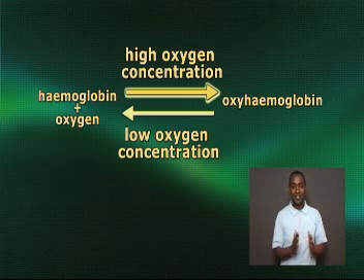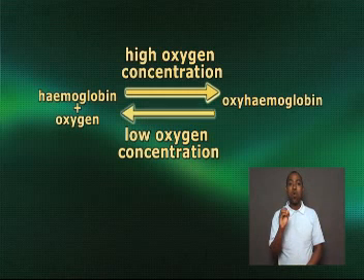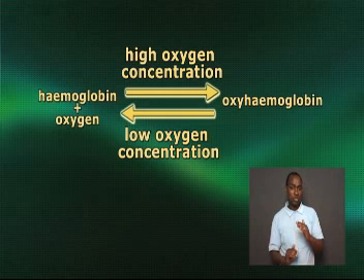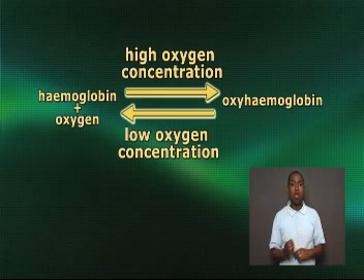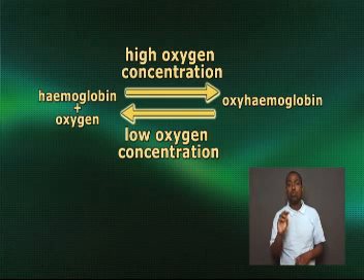In areas where oxygen is low, such as the cells and organs of the body, the reaction is reversed. The oxyhemoglobin splits, forming purple-red hemoglobin and oxygen molecules.